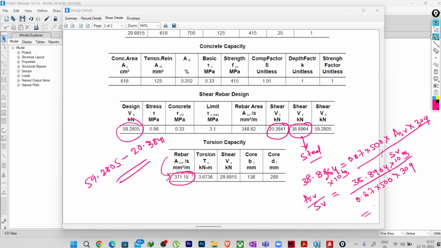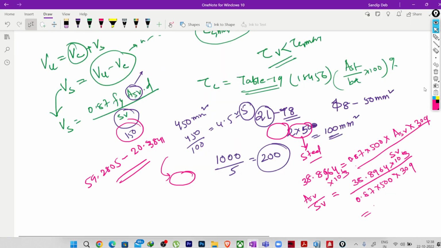So I think we have done some mistake somewhere. Let me check where we have done the mistake. It is in kilonewton. Okay, so what was the formula we have written?